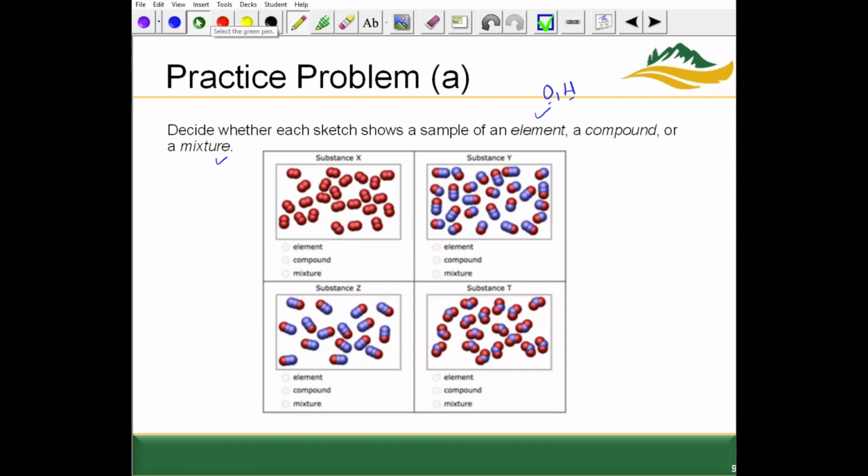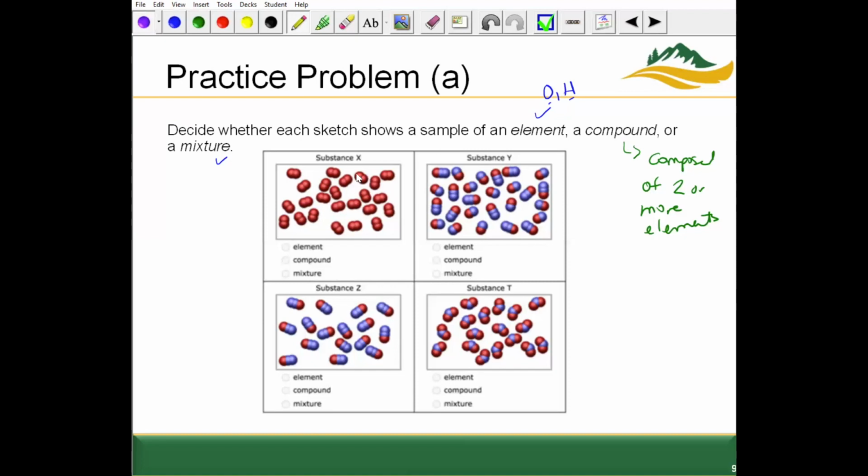Now we've also touched on what a compound is. It's composed of two or more elements. So now that we've defined these, and you can look back in your notes for a more detailed explanation, let's go through this practice problem that you might be presented with in ALEX.